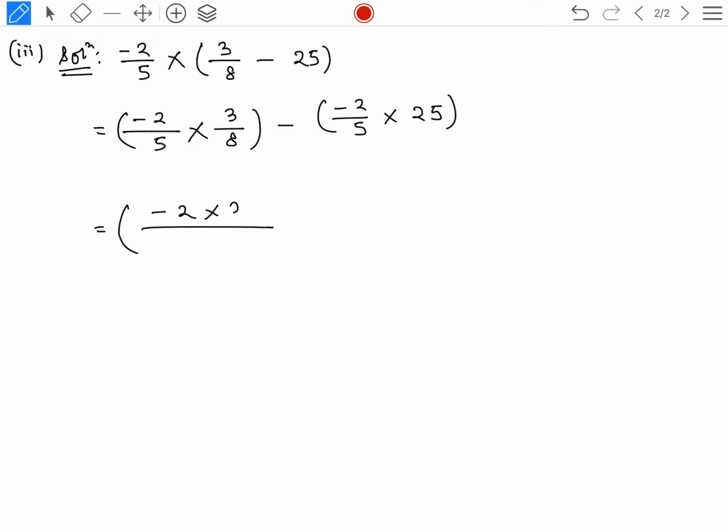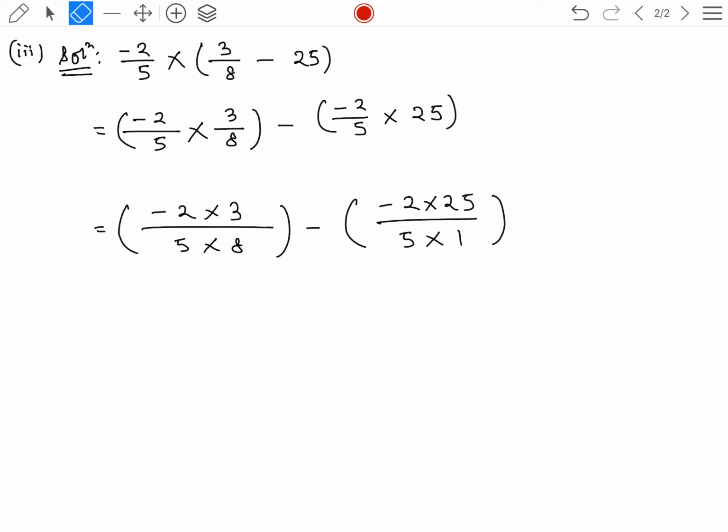Understood? Now multiply numerator into numerator, then denominator into denominator. Then again multiply numerator into numerator and denominator into denominator. 5 into 1, why have I written 5 into 1? Because 25 means 25 by 1, so 25 is the numerator and 1 is the denominator.